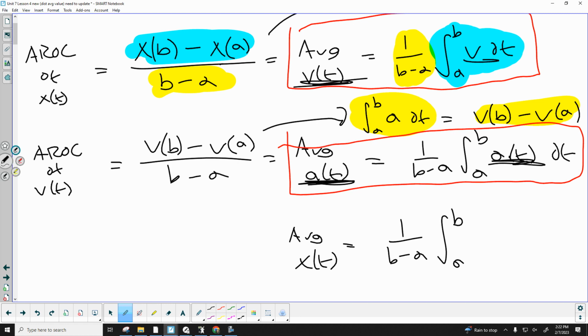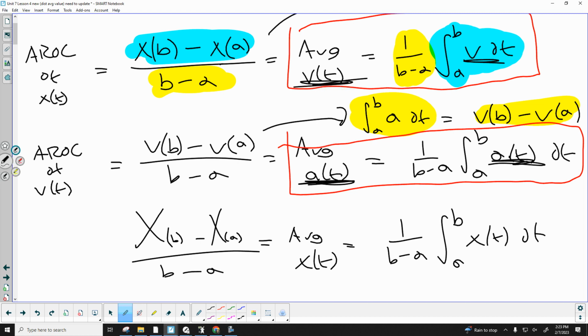Average v, I need v in an integral. Average x, I need x in an integral. But how do you find this without a calculator? You would need the antiderivative of x, or you would need big X.